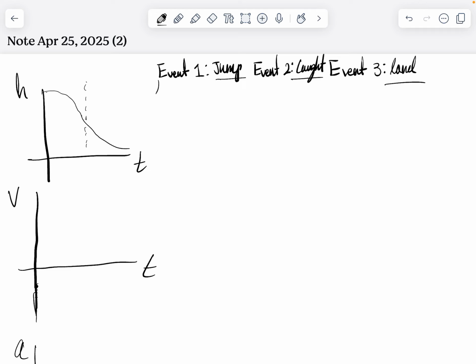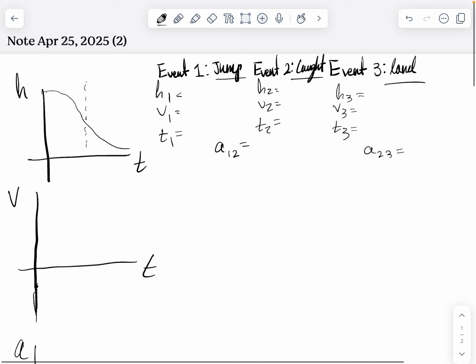So we're going to have to do H1, V1, T1, equals A12, equals H2, V2, T2, equals H3, V3, T3, A23 equals.